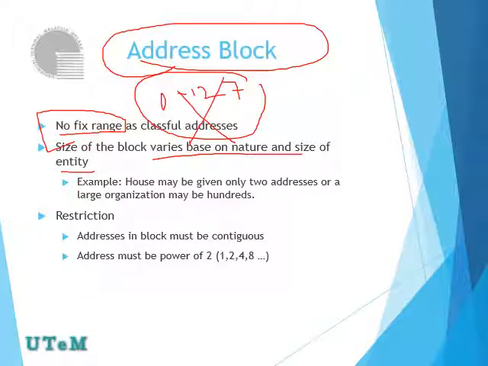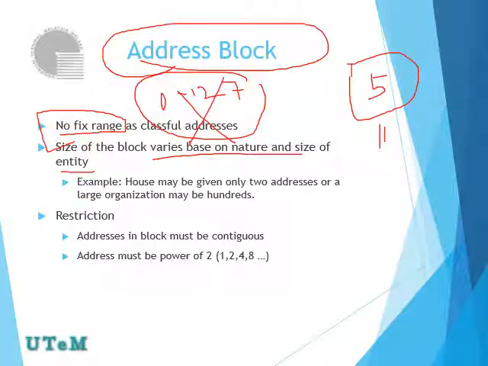So let's say you want to construct a small network which consists of 5 hosts. You will provide the IP addressing scheme so that you can produce a number of addresses that is close to the network requirement.